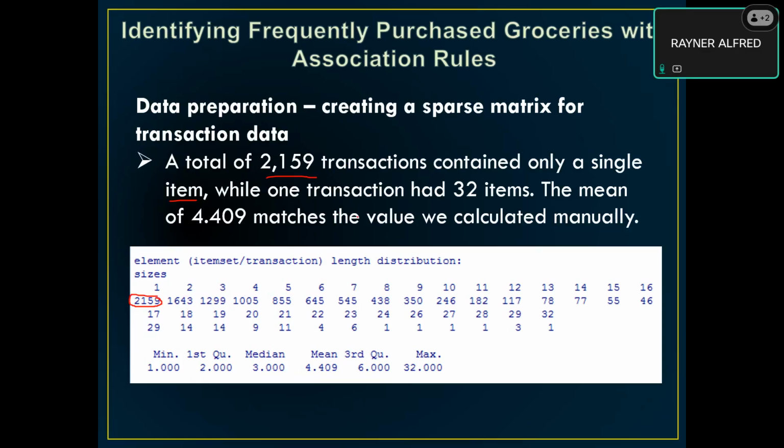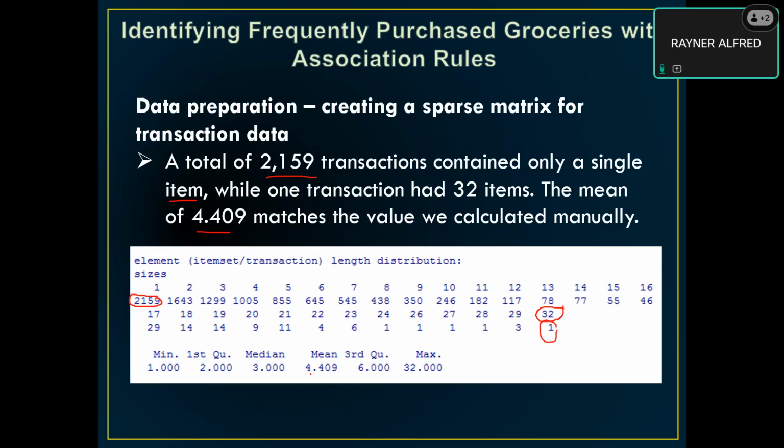It says one transaction had 32 items, so 32 items, only one transaction here. The mean matches the value that we calculated manually.